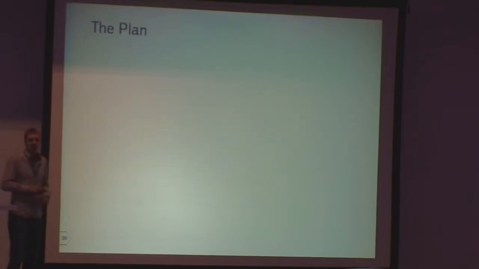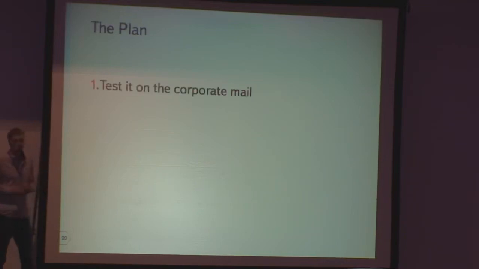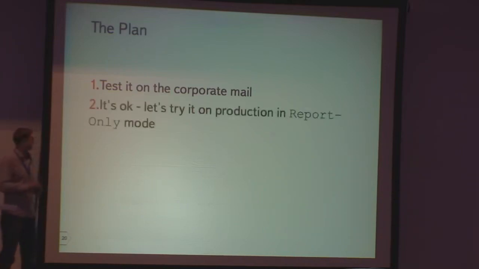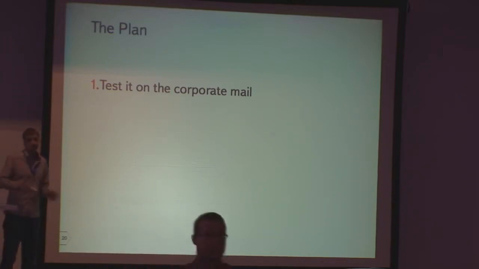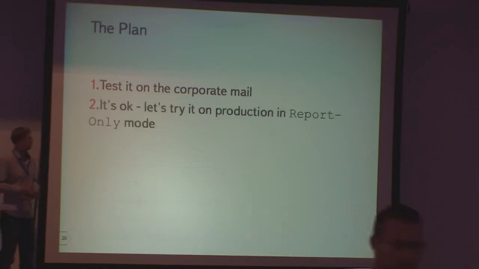And the plan was like this. First of all, we decided to test it on our corporate mail, which is simply an instance of global mail. And if everything is okay, we will try it in report-only mode in big production.